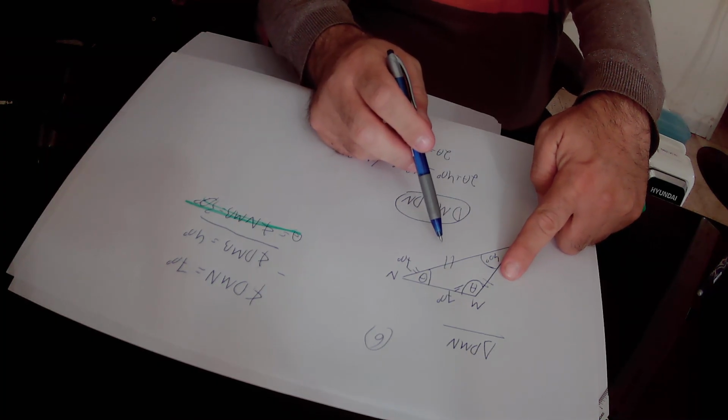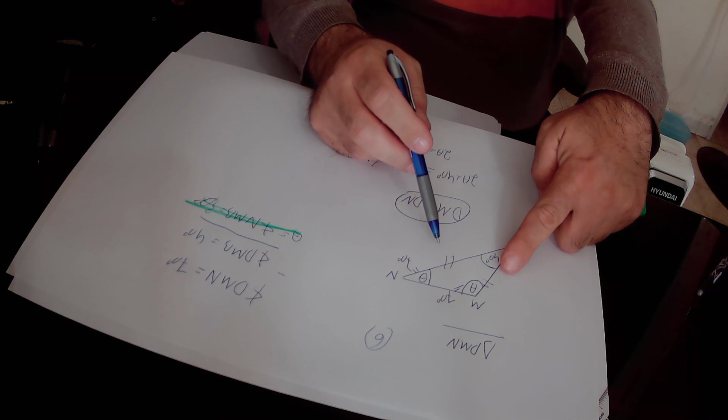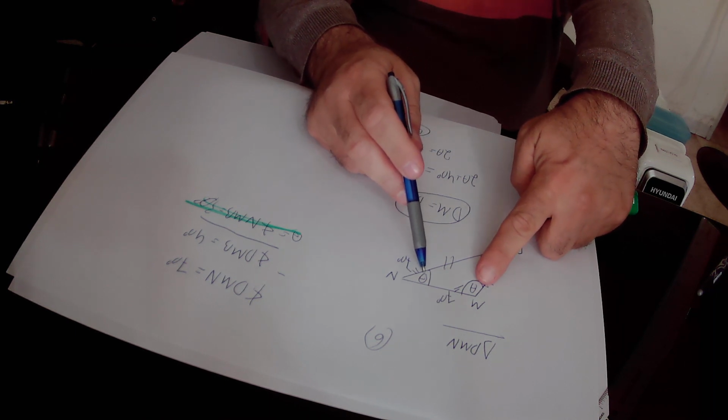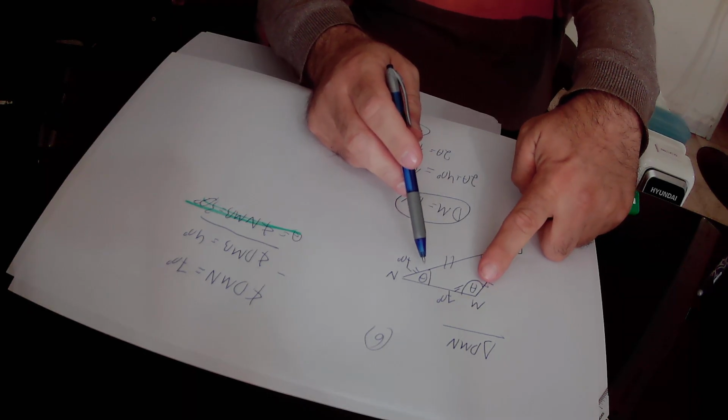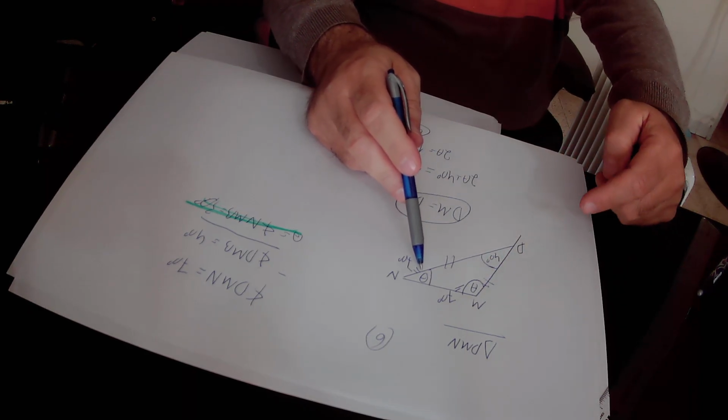According to the rule that in front of equal sides in the triangle there are equal angles, those two angles must be equal to each other because they are located in front of equal sides. So if one angle is theta, then the other angle must be equal to theta.